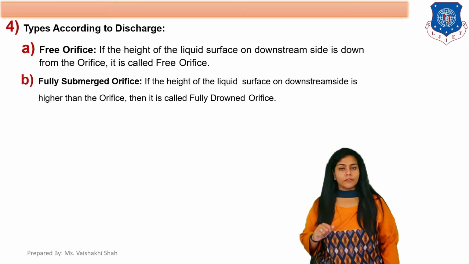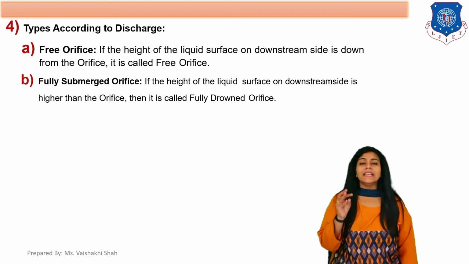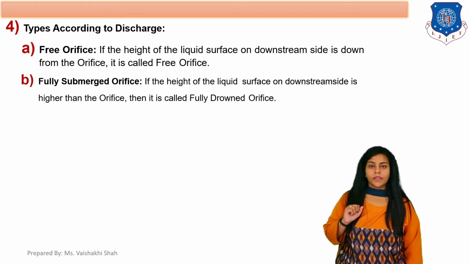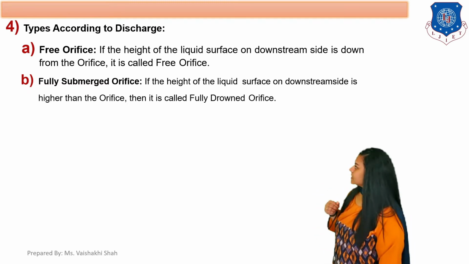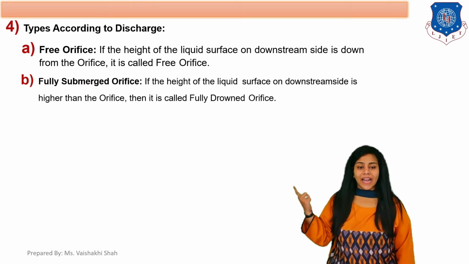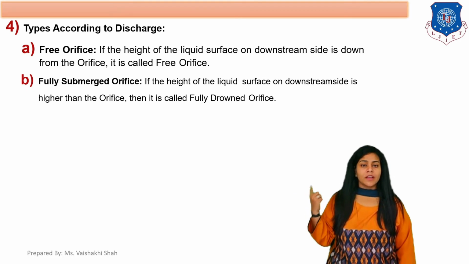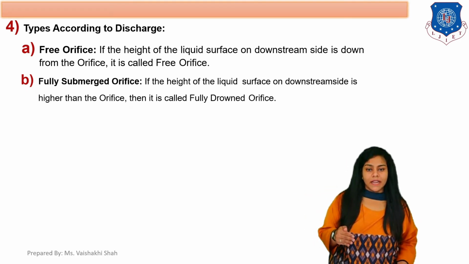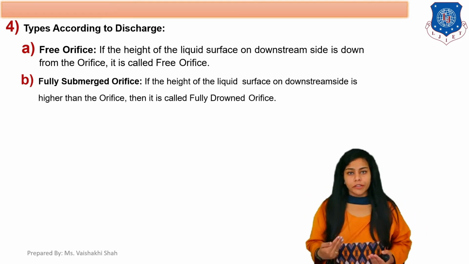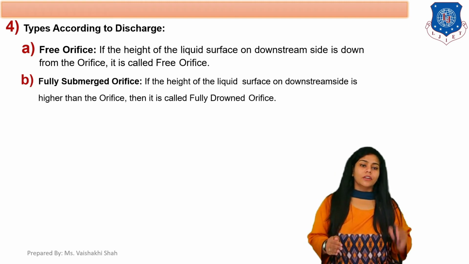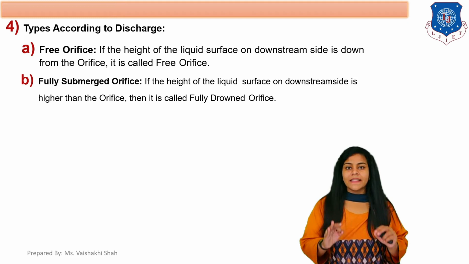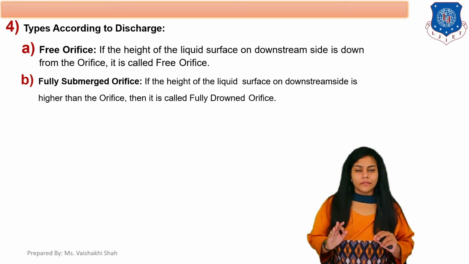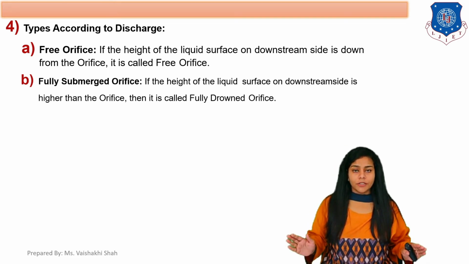Now the second type of orifice is the fully submerged orifice. The definition is that if the height of the liquid surface on the downstream side is higher than the orifice, then it is called a fully submerged orifice. As the name indicates itself, fully submerged.